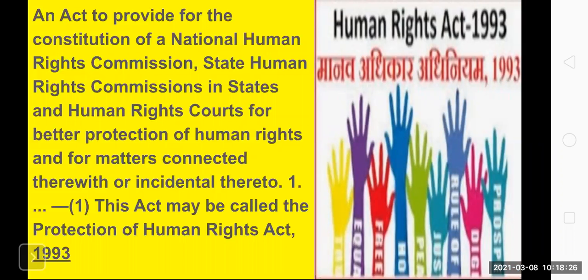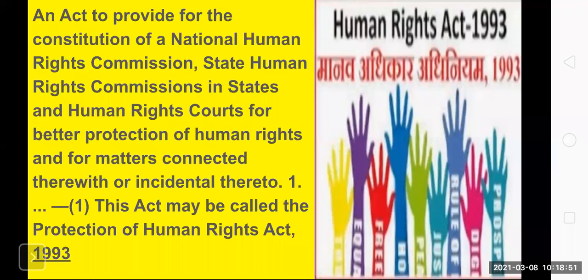So see, the correct answer is: an act to provide for the constitution of a National Human Rights Commission, State Human Rights Commission in states and human rights courts for better protection of human rights and for matters connected therewith or incidental thereto.